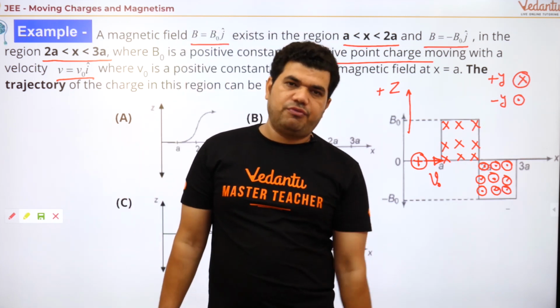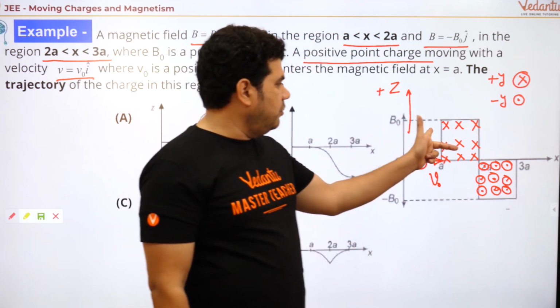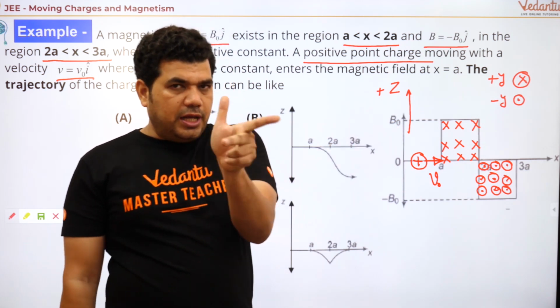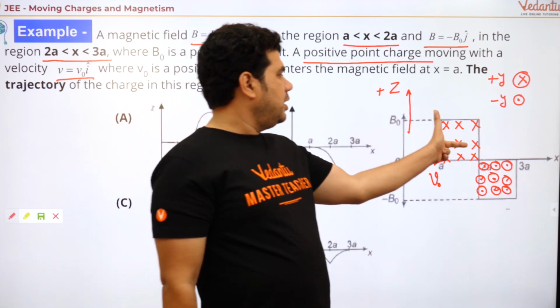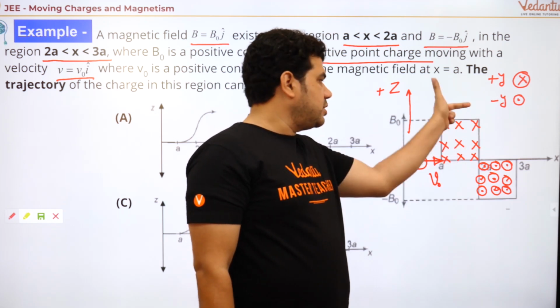Positive charge, F equals qv cross B, B is inward, and this is the direction of velocity of the positive charge. This is magnetic field inward, positive charge direction, force is upward.